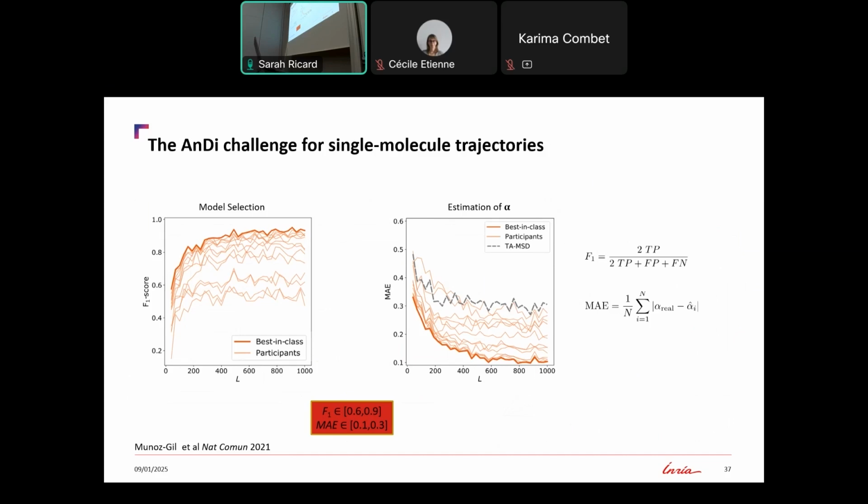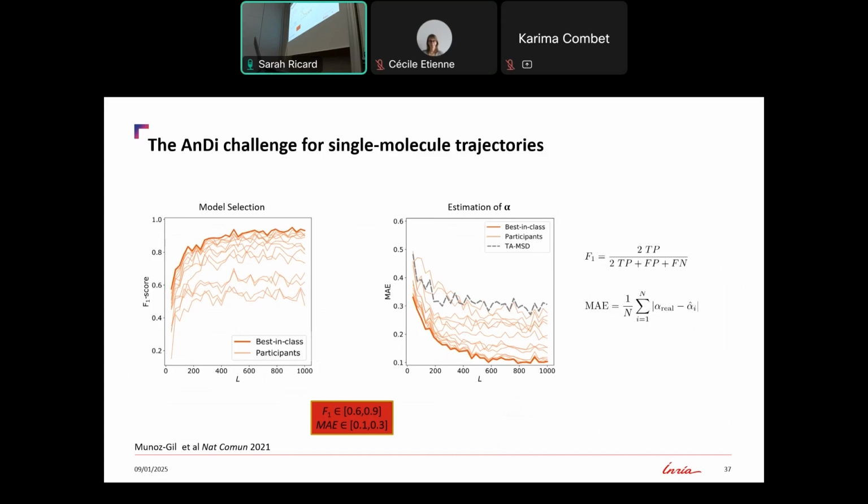And for the estimation of alpha, which goes from 0 to 2 in this case, the error is 0.1, so it's less than 10% error. So it's not bad at all. And if you just measure the MSD and check whether it's proportional to time, you see that their methods are improved quite a lot compared to the MSD.